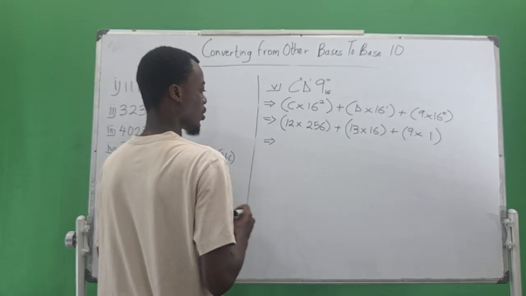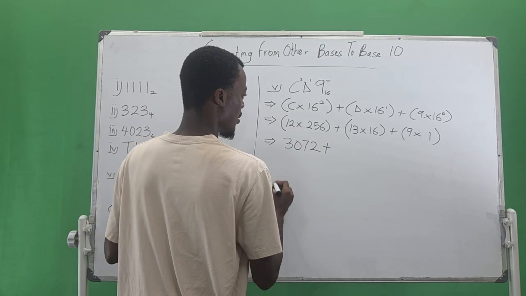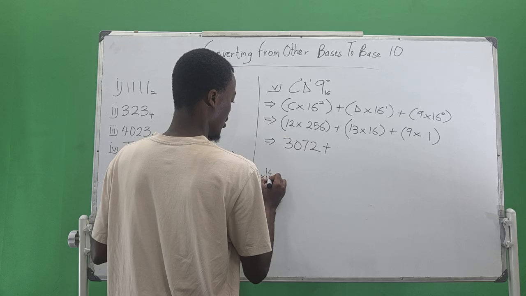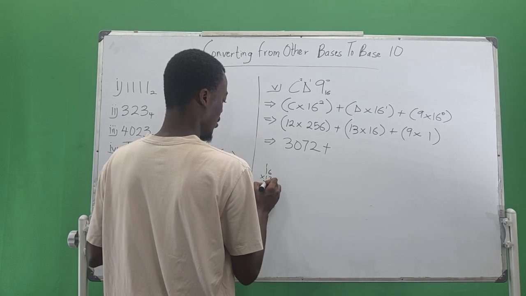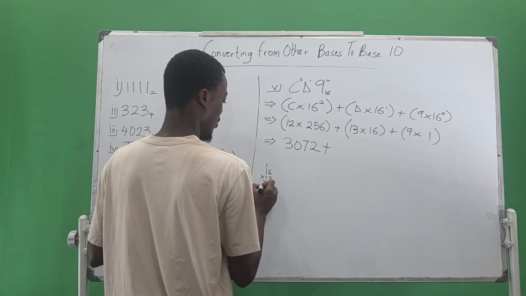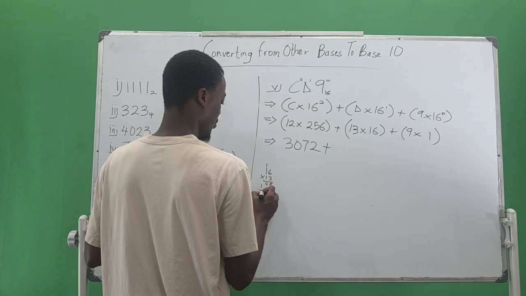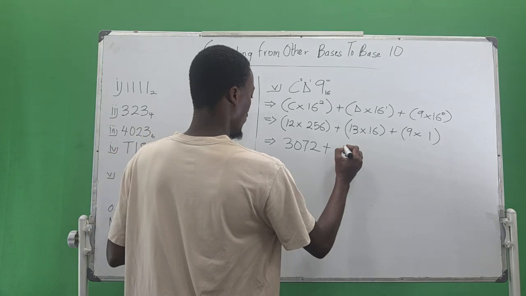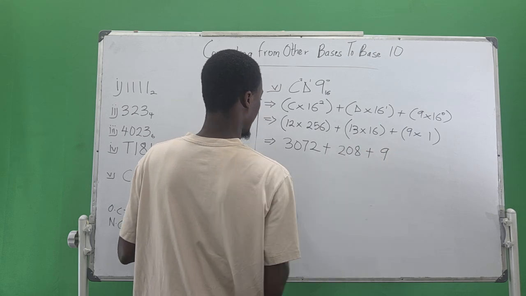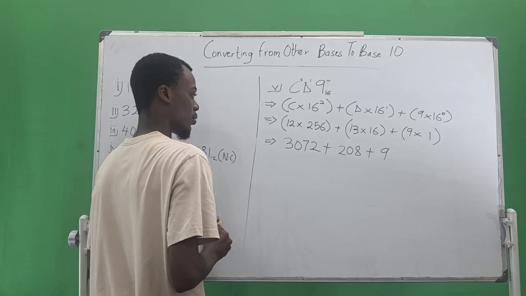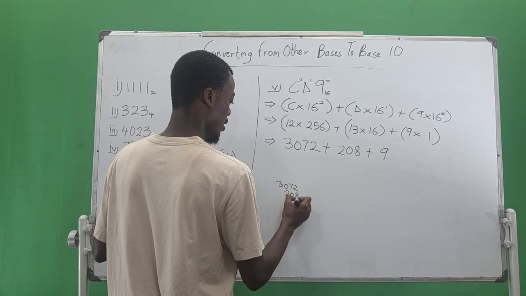So now, this one will give you 3,072. 13 times 16 gives 208, plus 9. So we have 3,072, 208, 9.